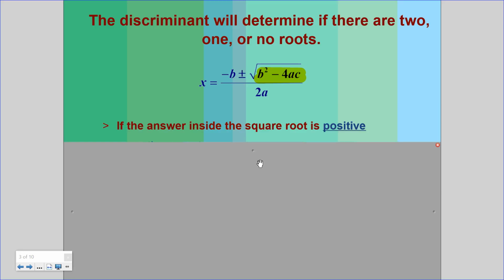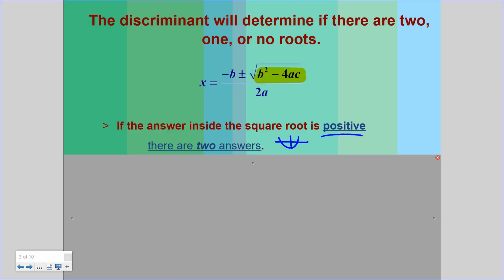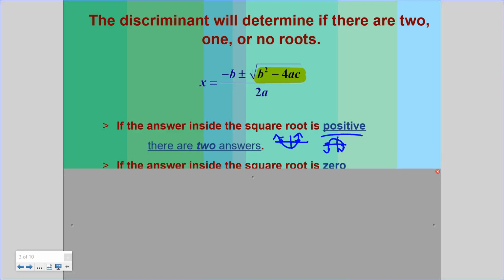If your b squared minus 4ac simplifies to a positive number, then that's normal. That means you're going to have 2 answers or 2 roots, so a parabola that's crossing your x-axis at 2 points. It can be up or down, but it's crossing your x-axis in 2 places.